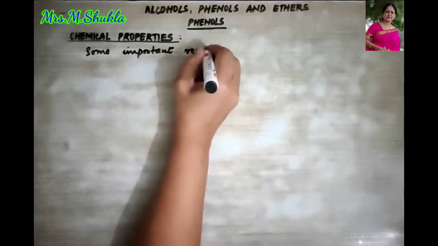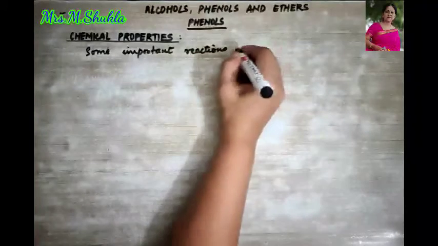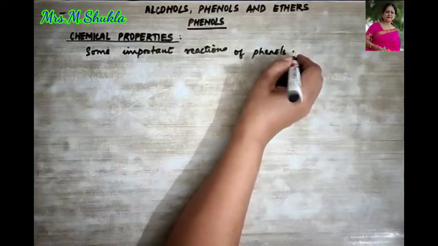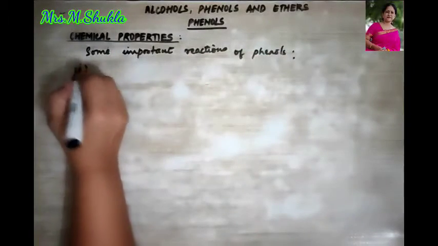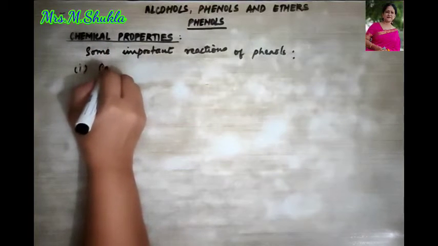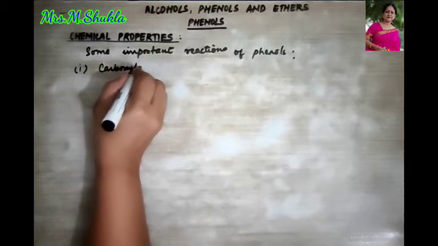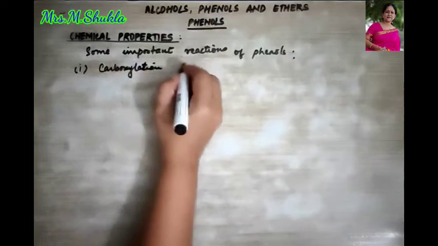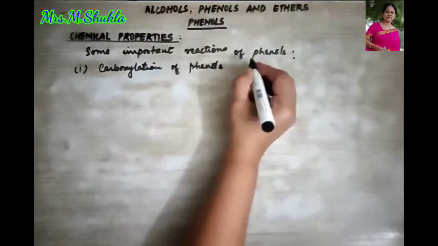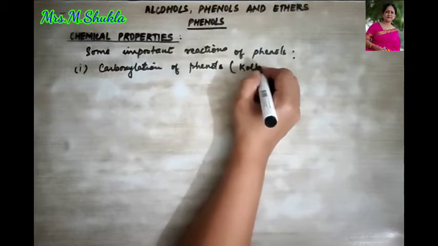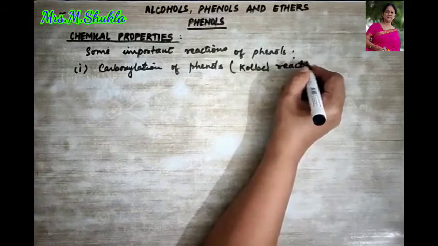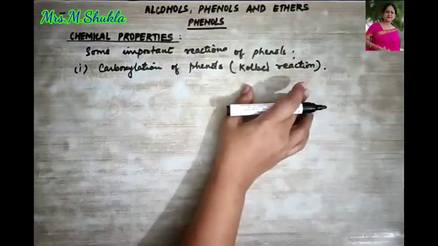So the first one that we need to know over here is carboxylation of phenol, which is also called Kolbe's reaction. Also called Kolbe's reaction.